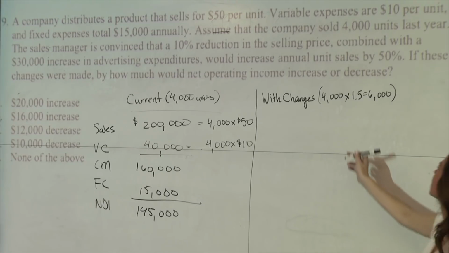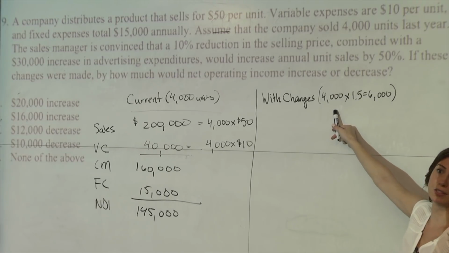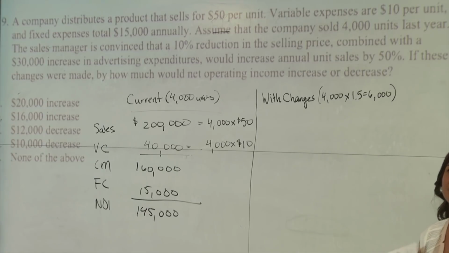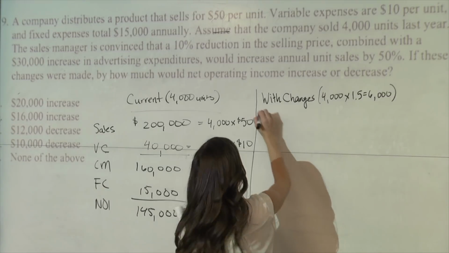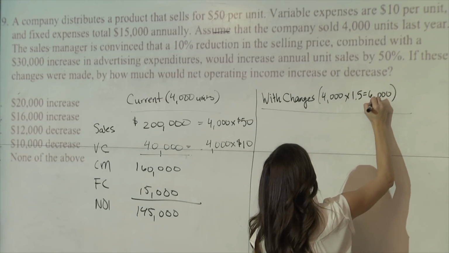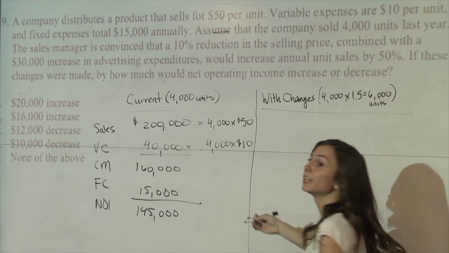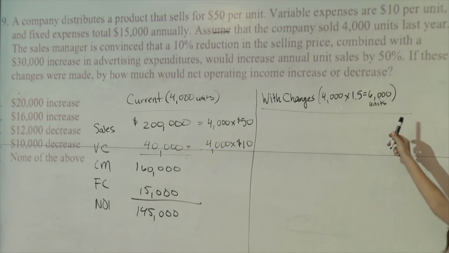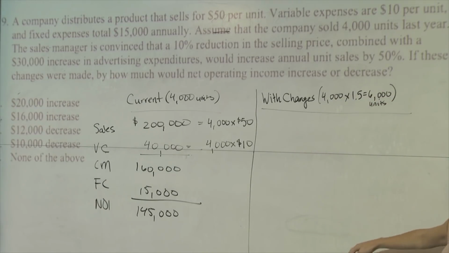You can also just multiply 4,000 times 50% to get 2,000 and add that to the original 4,000 to get the 6,000, the new number of units. Okay, so we have these 6,000 units now.